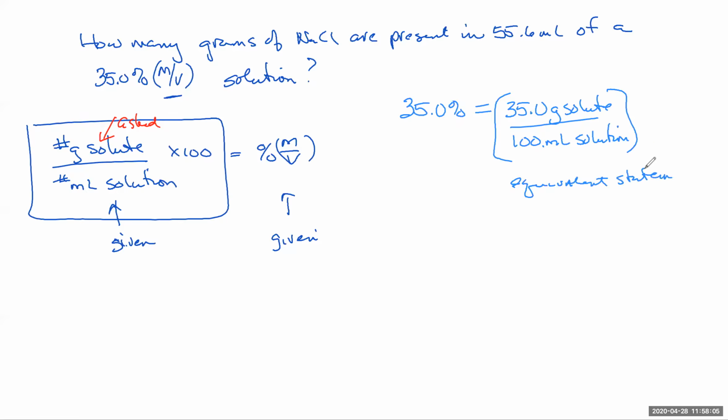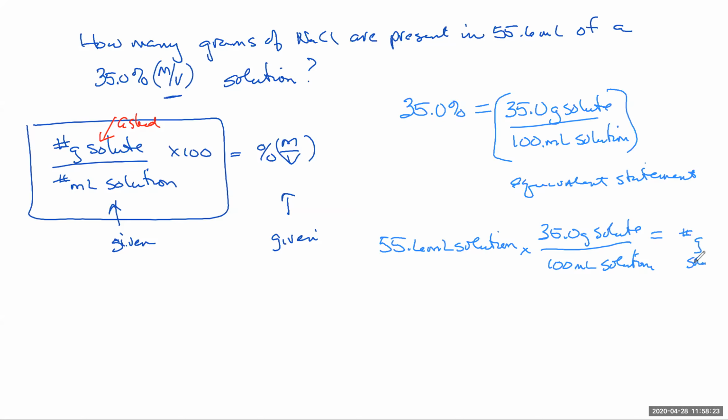And I could do dimensional analysis to solve this, and I could say if I started with 55.6 milliliters of solution, I'm going to have 35 grams of solute per 100 milliliters of solution, and I could get my number of grams of solute. I don't have my calculator with me.